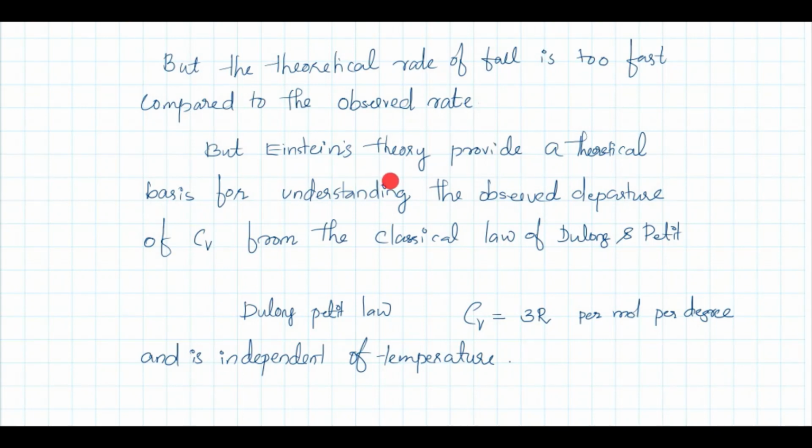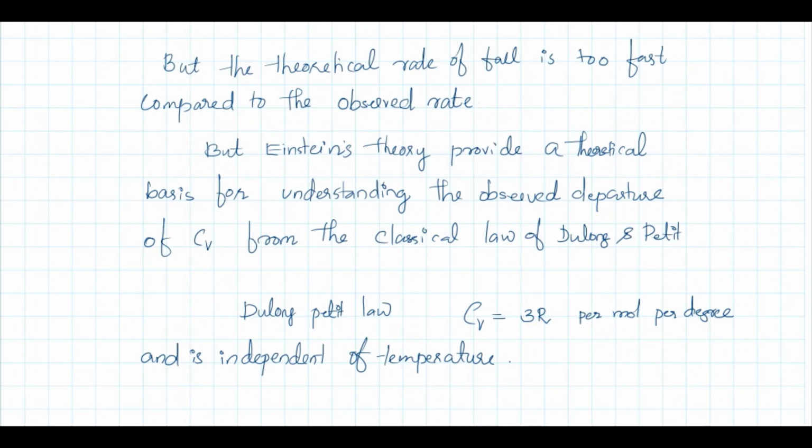But Einstein's theory provides a theoretical basis for understanding the observed departure of Cv from the classical law of Dulong and Petit. Because according to Dulong and Petit, Cv is 3R per mole per degree and is independent of temperature. That is the Dulong-Petit law. The specific heat of a solid is constant, independent of temperature.